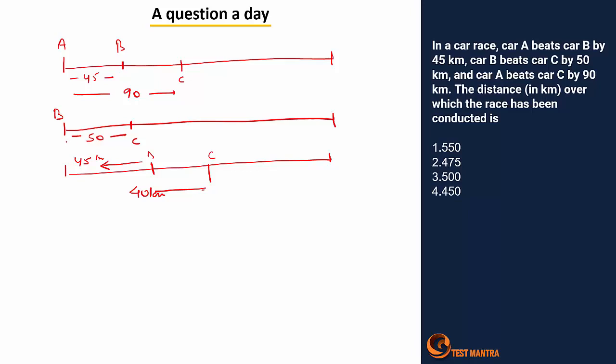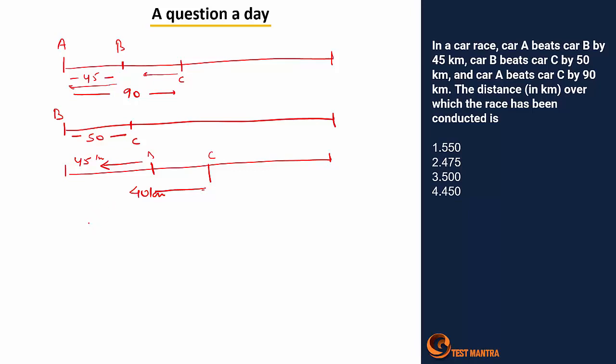According to this, B beats C by 50 kilometers and A beats C by 90 kilometers. So when B covers this gap of 45 kilometers, at the same time C will cover a distance of 40 kilometers here, so that finally B beats C by 50 kilometers.